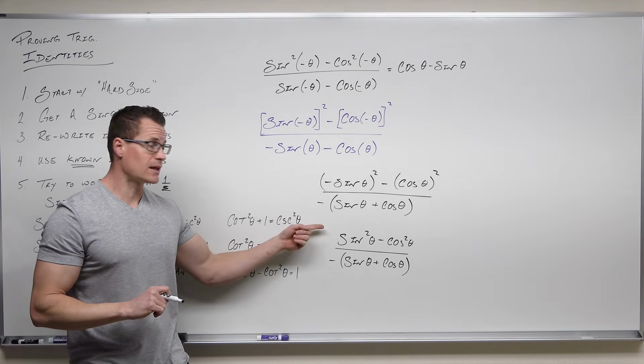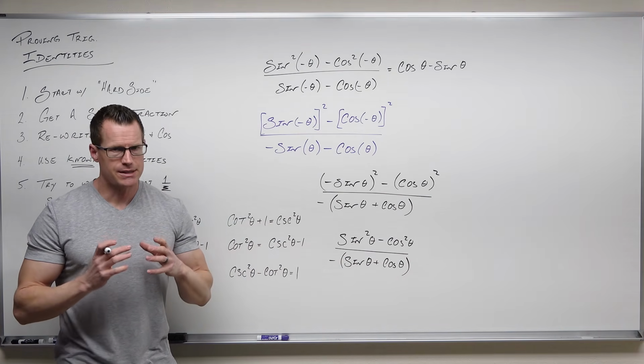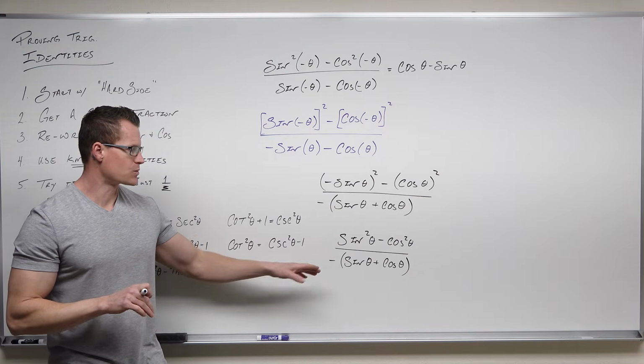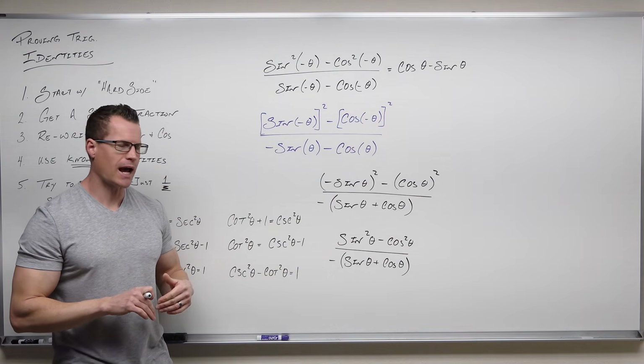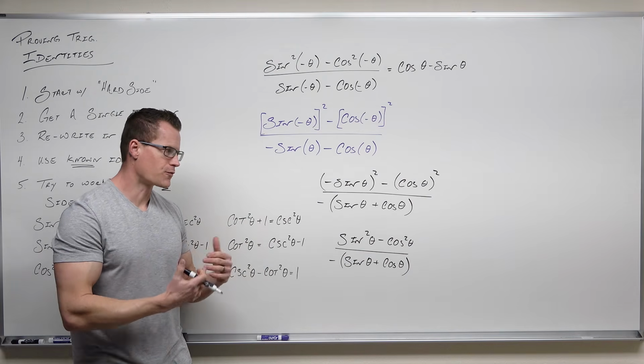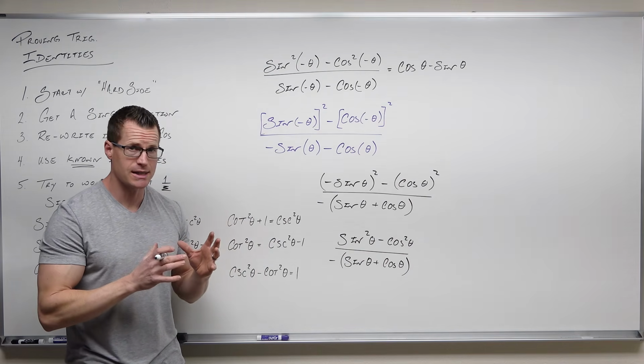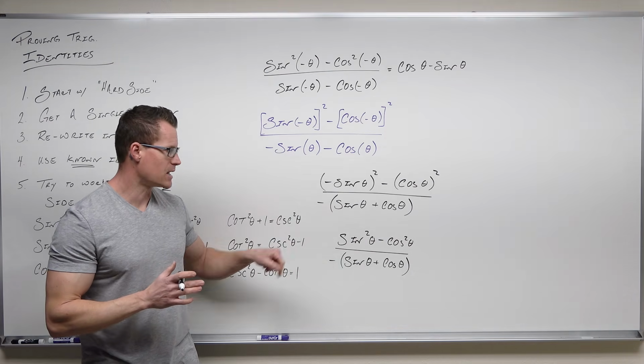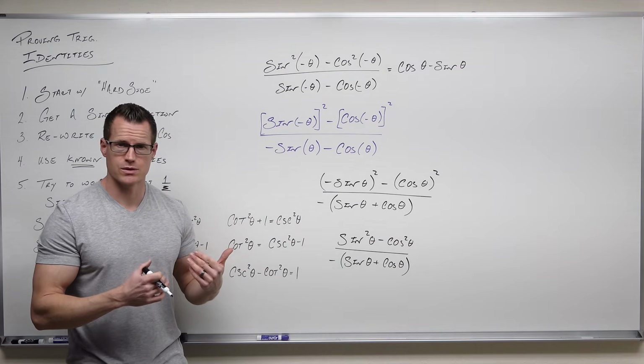Man, that's really close to an identity, but it's not one. Maybe what we can do is run this negative through there and see what happens. So I have everything on one fraction. I have sines and cosines, but I'm not seeing a clear identity. I also don't like that negative. So I'm going to make this negative sine squared theta plus cosine squared theta.